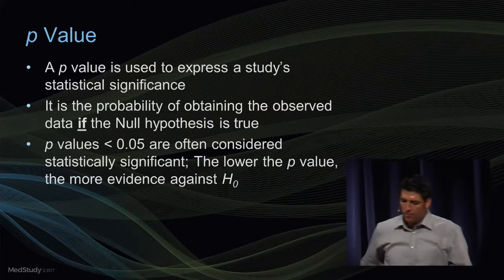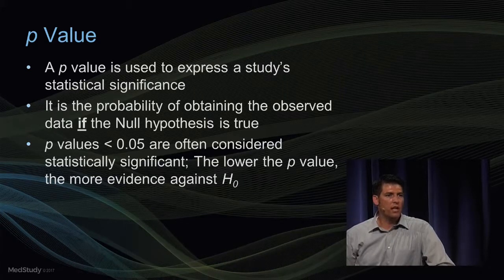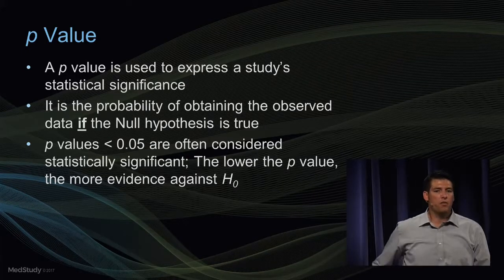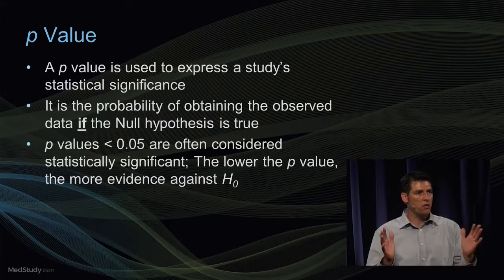So that p-value, if it's small enough, less than that 0.05, less than the probability of our type 1 error, or alpha, is considered statistically significant. So think about this. A lot of people get connected to this 0.05, and it just becomes sort of this magic threshold.